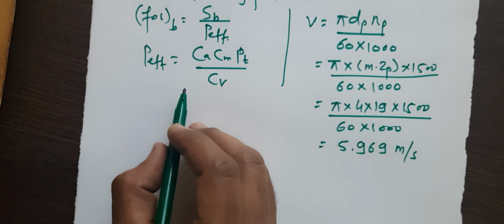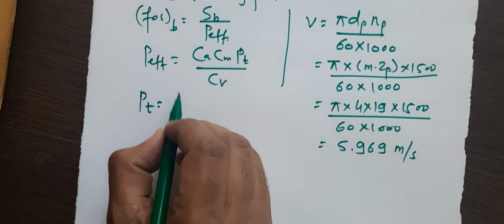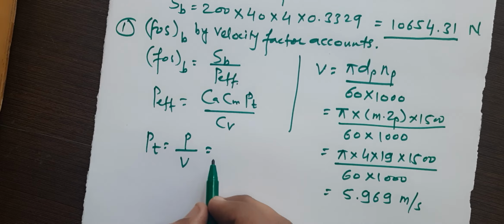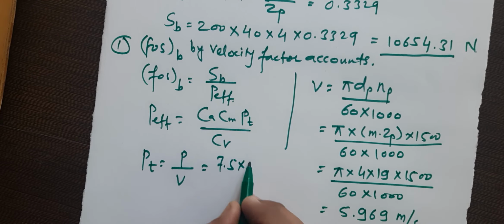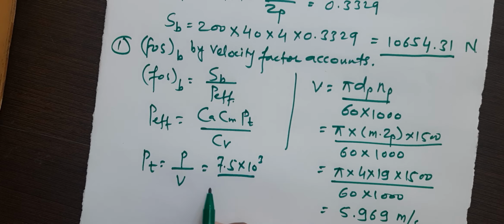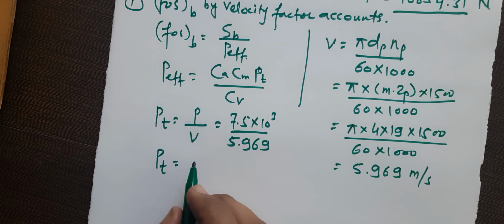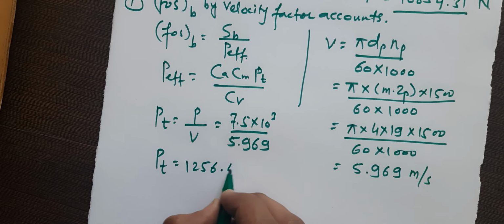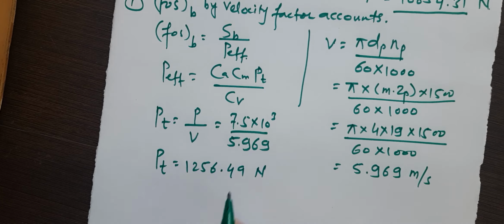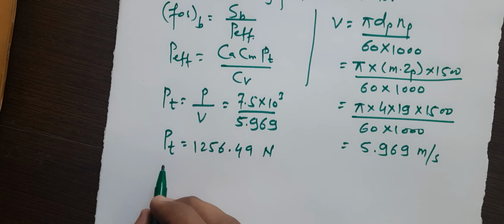Then PT is power by velocity. Power is given as 7.5 into 10 raised to 3 and velocity is 5.969. After calculating you will get PT as 1256.49 Newton. Then after that, CV.